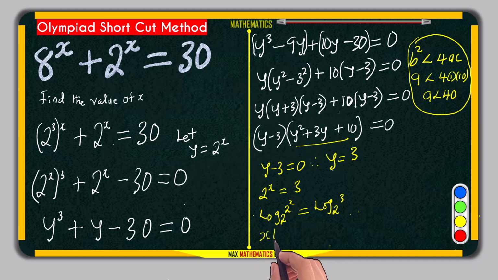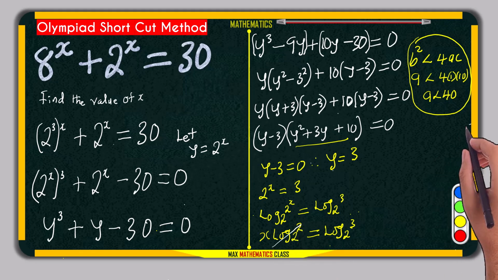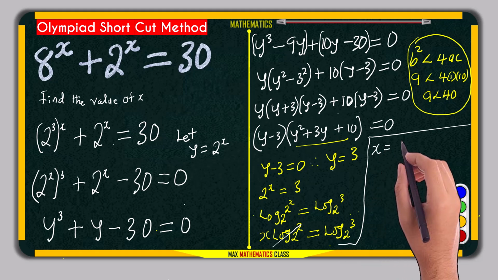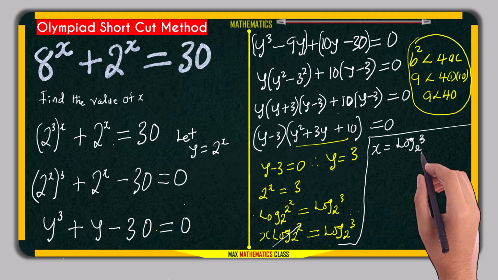So we have x log 2 to base 2 equal to log 3 to base 2. Log 2 to base 2 will cancel out, so we are now left with x equal to log 3 to base 2.